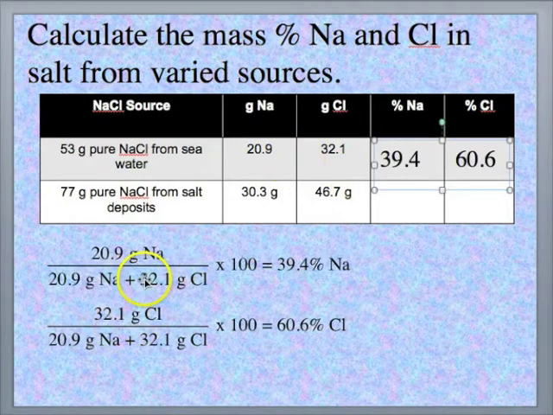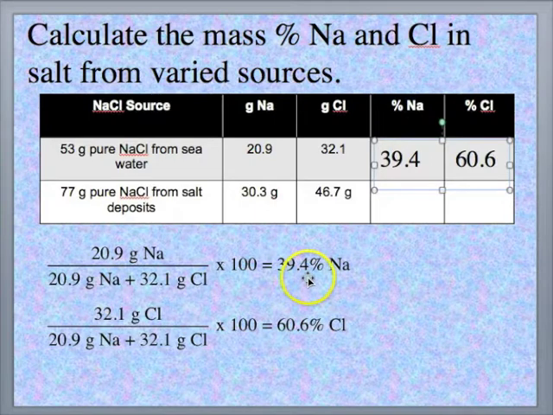Okay, to calculate percent, we take one part of what we're talking about, and since we're doing mass percent, we're talking about a unit of grams. Take one part and divide it by the total grams times 100, and that gives us the percentage of each of the elements.